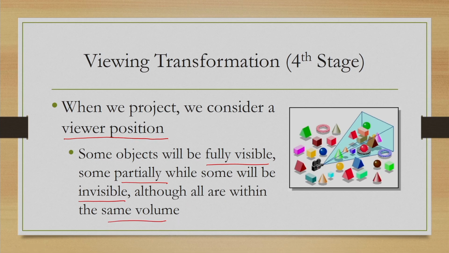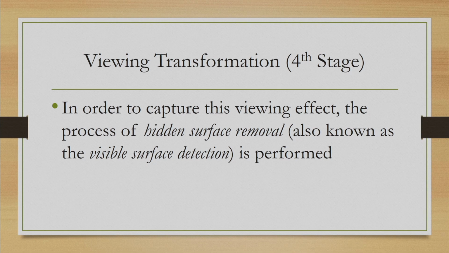For example, with respect to this particular view position, if an object is behind this object, then it will be invisible. If it is partially behind, then it will be partially visible, and if they are not aligned in the same direction, then both of them will be fully visible. So, we take care of this fact also before projection, which requires some further computations.